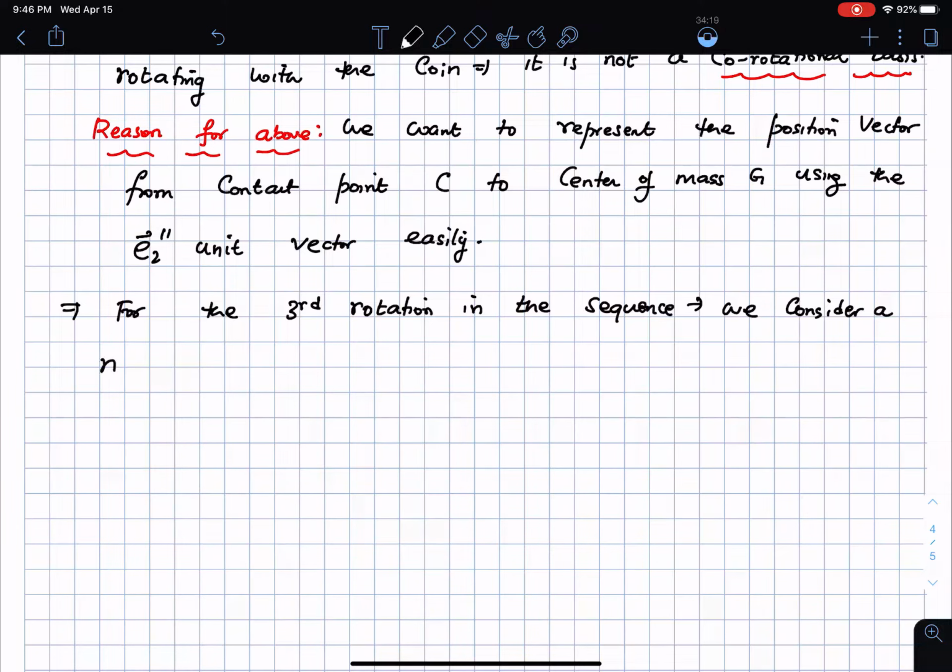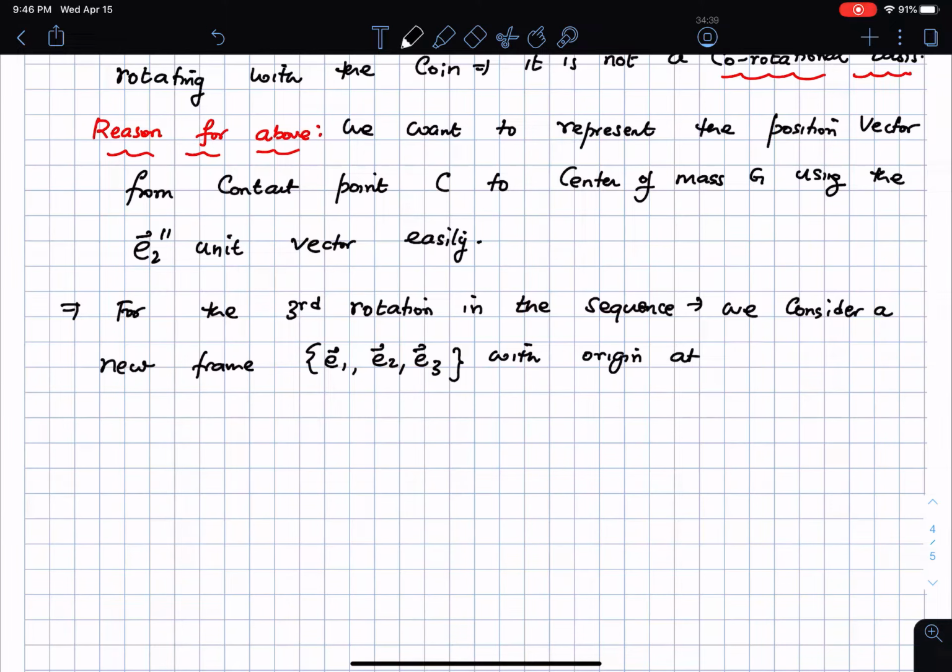Okay, so for the third rotation in the sequence, we consider a new frame which I'm going to call E1, E2, E3, with the origin at the center of mass.